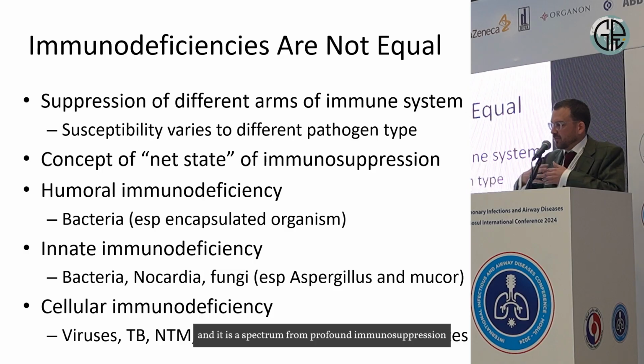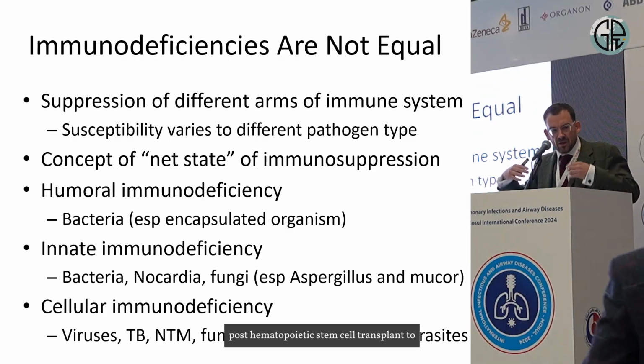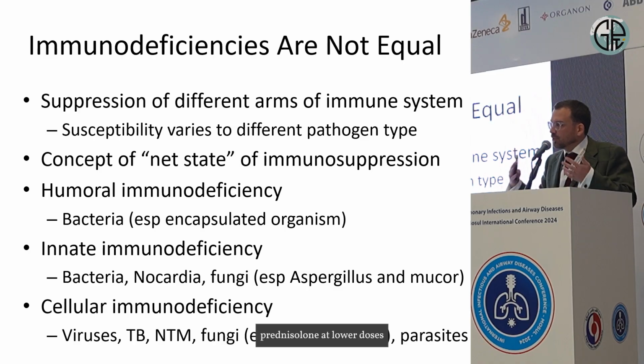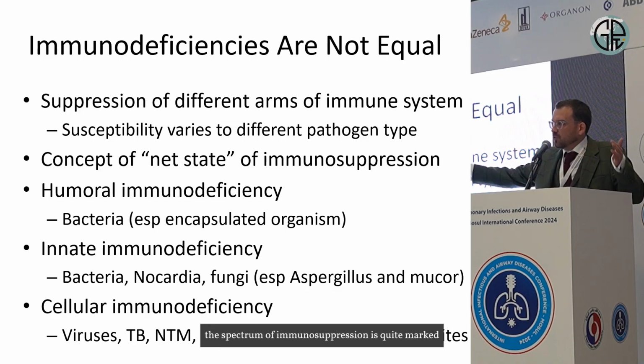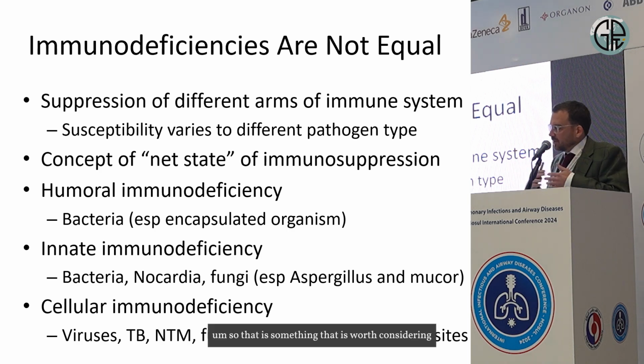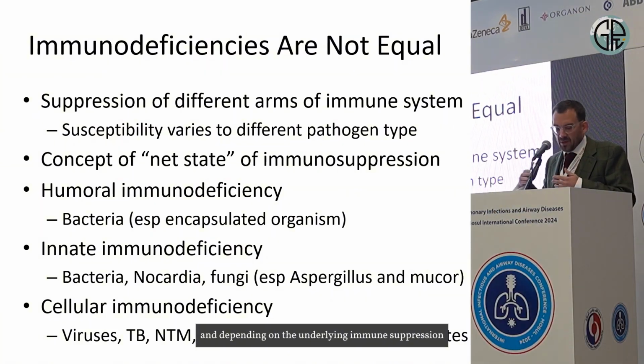It is a spectrum from profound immunosuppression post-hemopoietic stem cell transplant to patients on relatively modest mycophenolate or prednisolone at lower doses. The spectrum of immunosuppression is quite marked. That is something worth considering, because that may give you a feel for what conditions to more suspect, depending on the underlying immunosuppression.